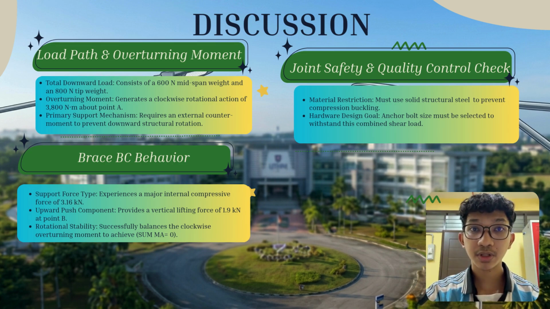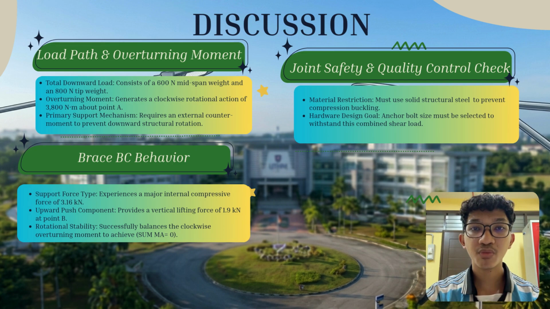And then I want to talk about the discussion. We have 3 main points of discussion. Point number 1 is the load path and overturning moment. The total downward load consists of the 600 Newton mid-span weight and the 800 Newton tip weight, so the total downward load is 1400 Newton.